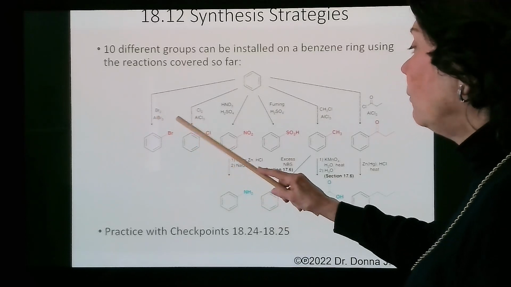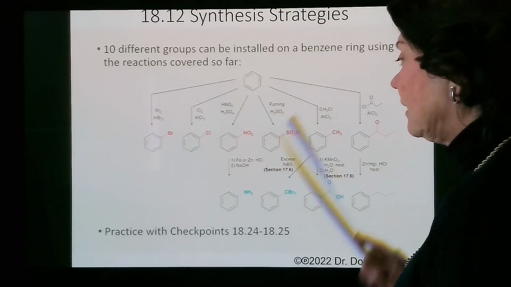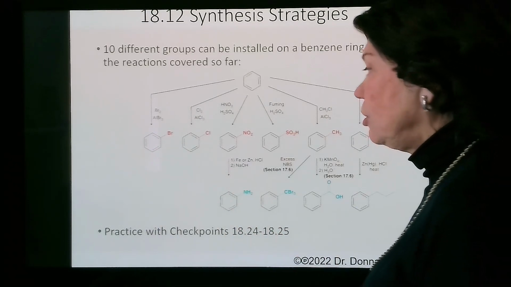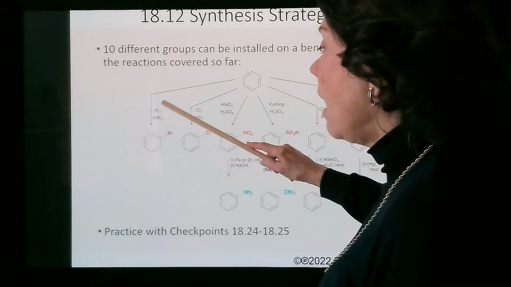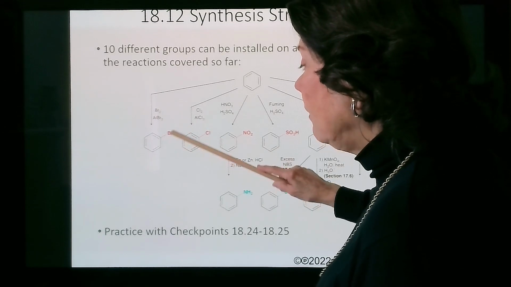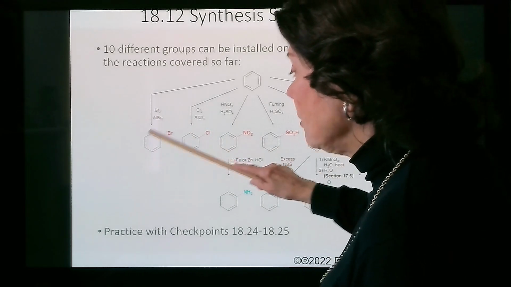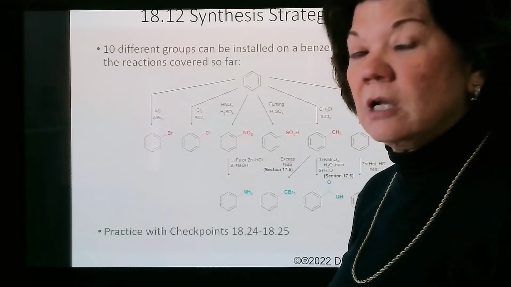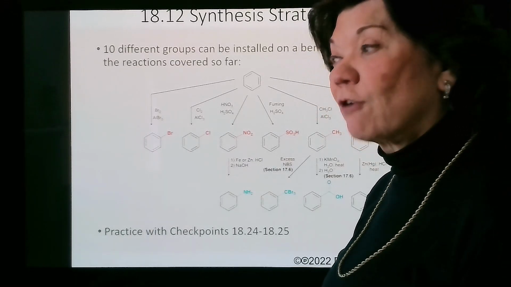So these 1, 2, 3, 4, 5, 6 reactions are the electrophilic aromatic substitution. And so you've got the reagents and the product, and so this shows you the substituent that is attached.